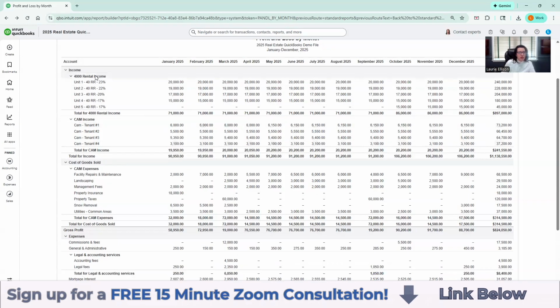We have base rent up here at the top, and then what we are charging the tenant as an estimated CAM charge should be itemized on your profit and loss. Now, how you do that, this is like another video, is you would have a specific item on the invoice that relates to these specific income codes, right?